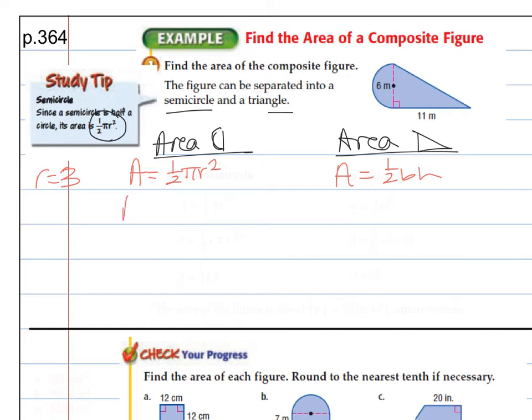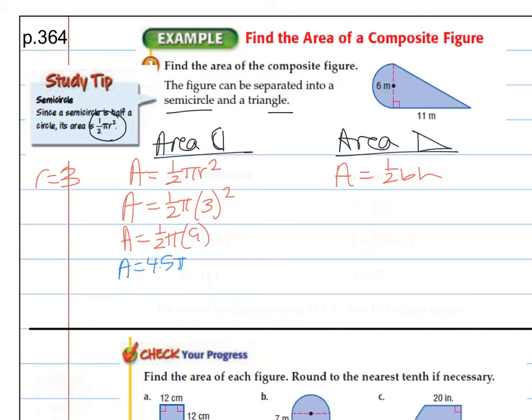And so I can plug that in. The area then is 1/2 pi times the radius of 3 squared. So I have the area is 1/2 pi times 9. Generally, just in case I'm asked to go in terms of pi, I like to do my constants, my rational numbers, without pi first. So I have 4.5 times pi.